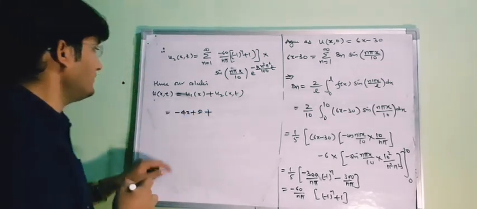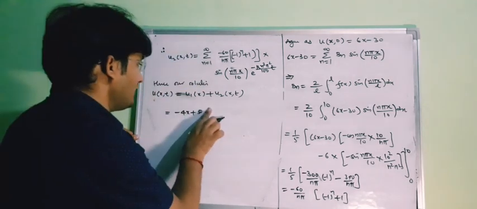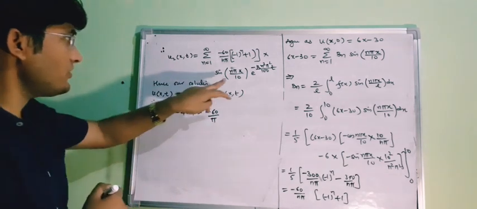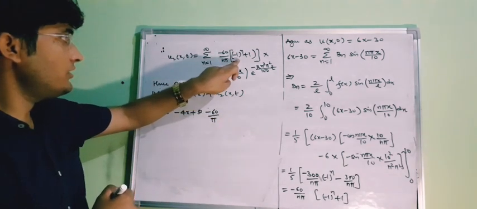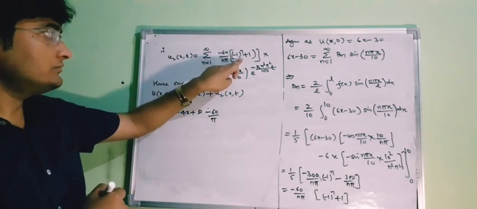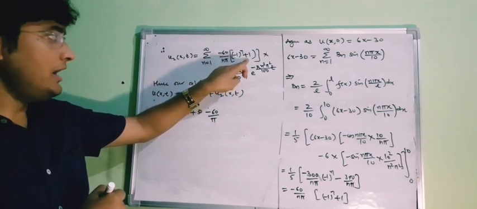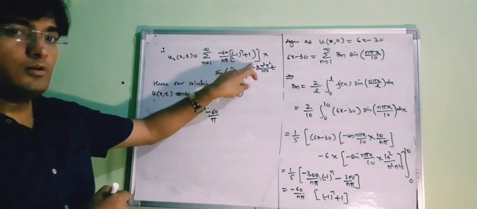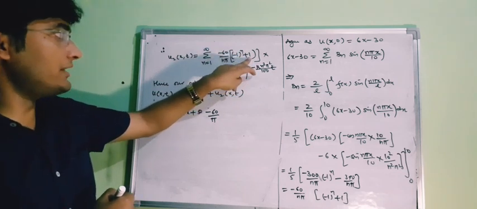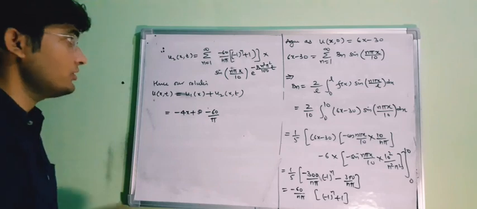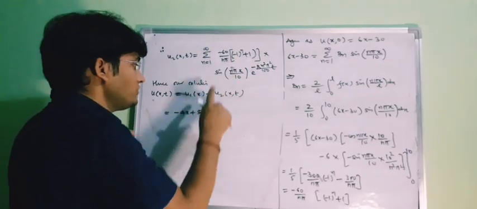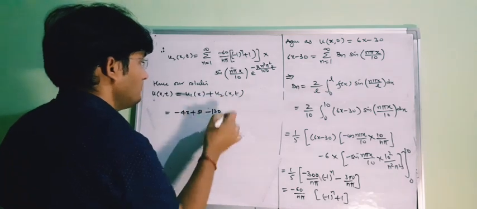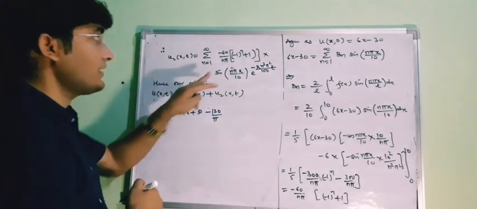And then your u2 is minus 60 upon n pi, minus 60 upon pi. And here you can see that if your n is 1, then this will be 0, and if your n is 2, then this will be plus 1, that means it will be 2. So we can write it as minus 120, so this will become 120 upon pi when your n is even.